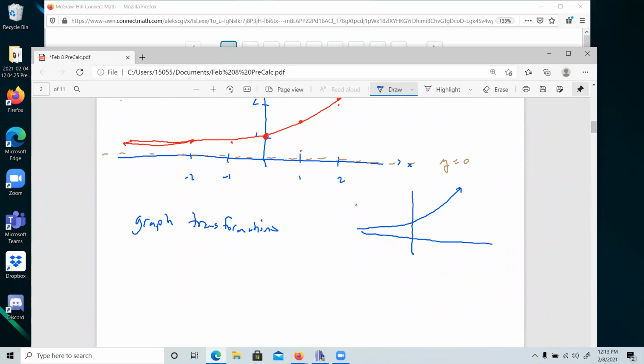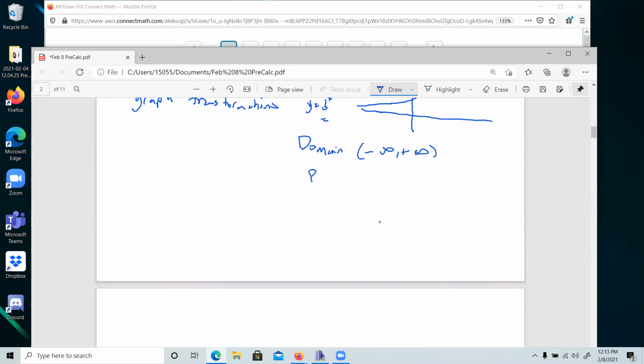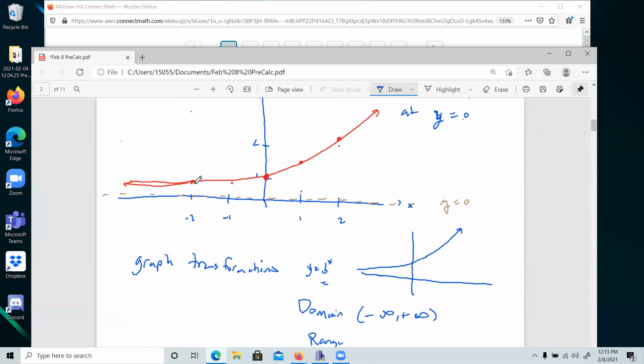Before we get to that, we're going to say, what's our domain for y equals b to the x? Our domain is all of the real numbers. There are no x's I could put in here that's going to give me a problem, provided my b was properly picked. And my range, you don't see any negative numbers here, right?